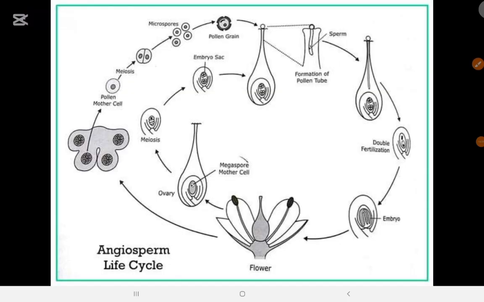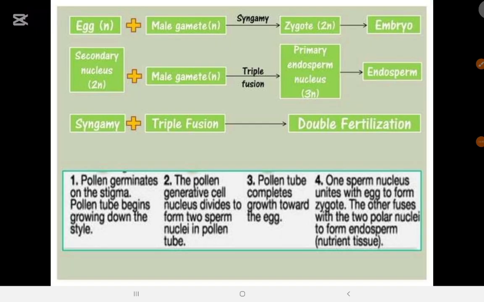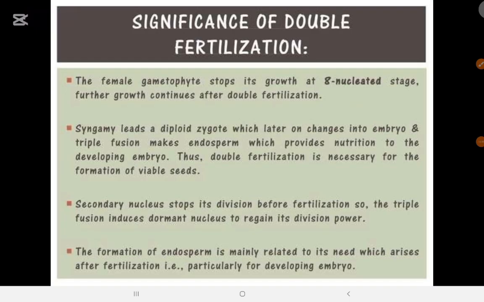So this is the life cycle of an angiosperm displayed here, of course. I've covered basically what we should cover here. Now, what is the significance of double fertilization? The female gametophyte stops its growth at the 8-nucleate stage, and further growth continues after double fertilization.